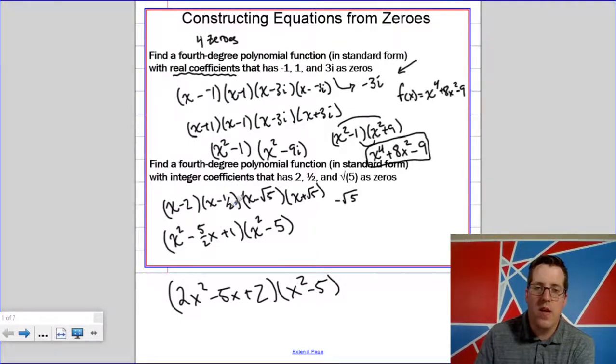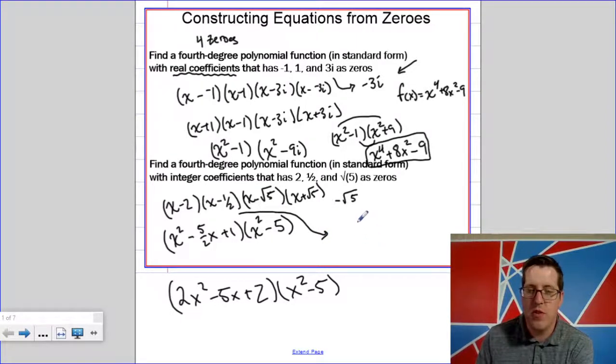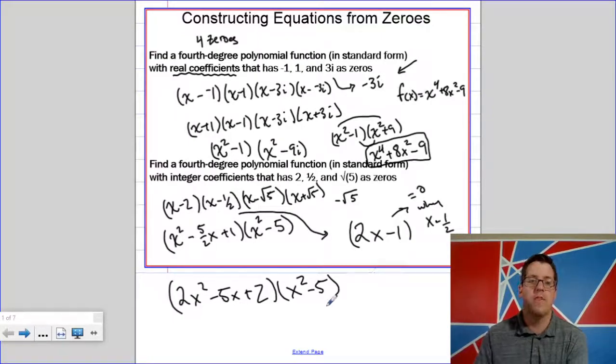The other way is, instead of using x minus 1/2 when you started, you could use 2x minus 1. It has the same 0, but it won't give you a fraction coefficient.